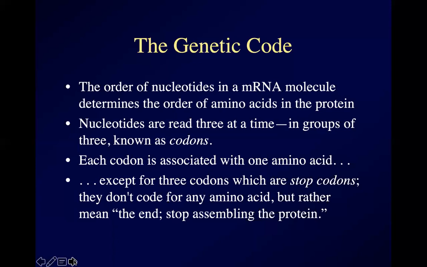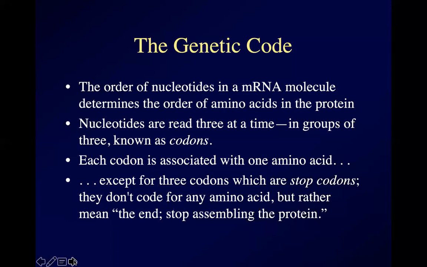Just as you can group dots and dashes together and make different groups stand for letters and numbers, you can group nucleotides in groups of 3, and each group of 3 is a codon that stands for 1 amino acid. Now, of course, there are 64 possible codons, but 20 amino acids, which means that some amino acids, in fact, many of them, probably most, are represented by more than 1 codon.